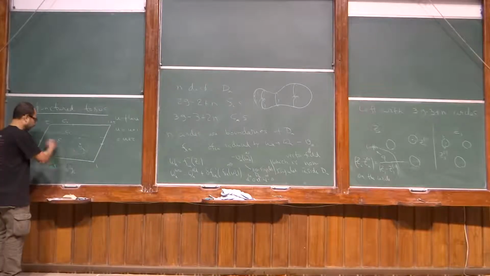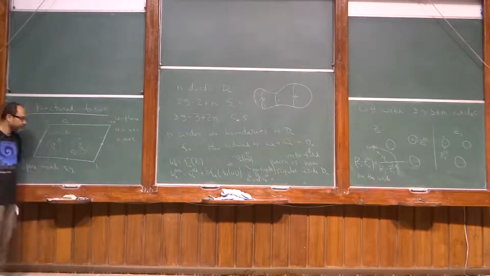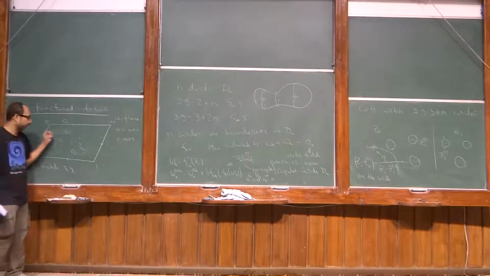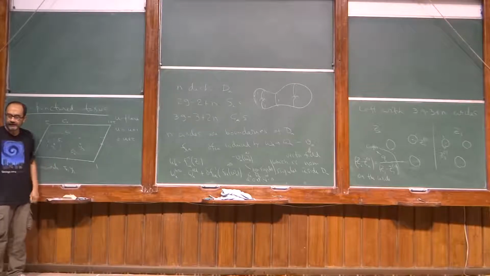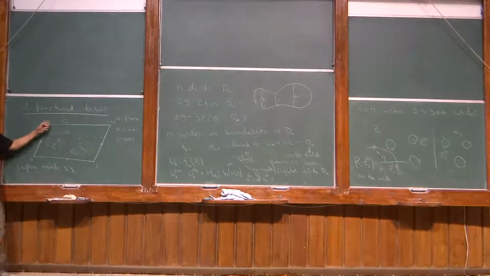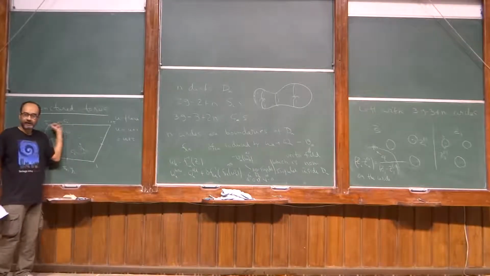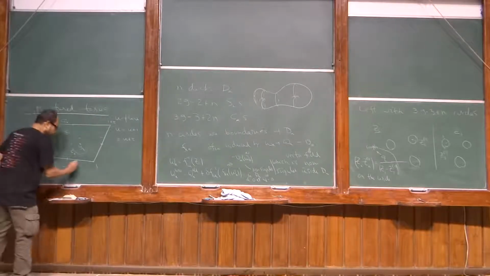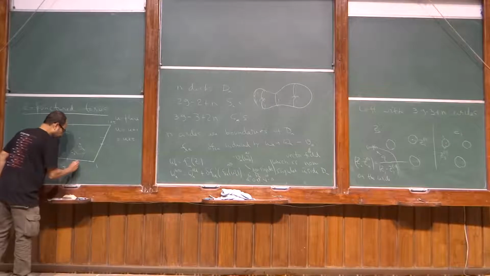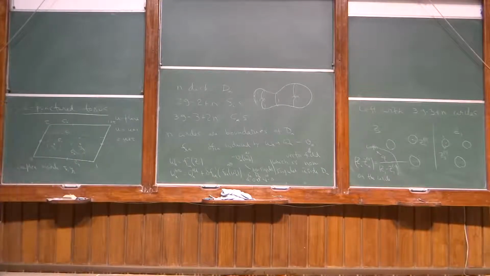C1 and C2 are obviously circles, right? C3 doesn't look like a circle, but it is a circle because these 2 points are periodically identified. Okay, so this is a circle. And C4 is another circle. Okay, going from there to there. This is also C4. Okay, because this whole line is identified with that line.